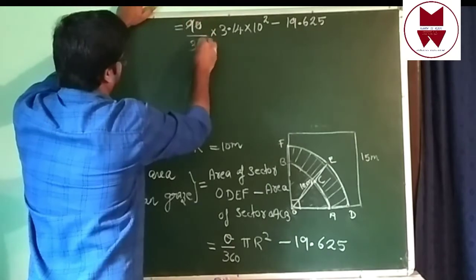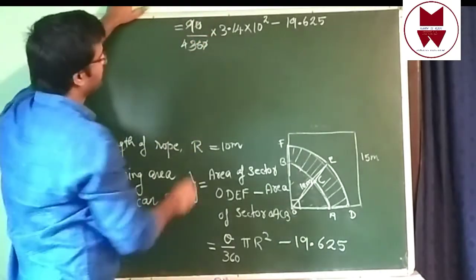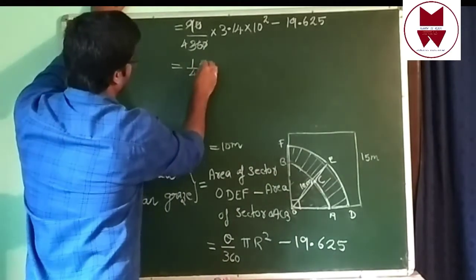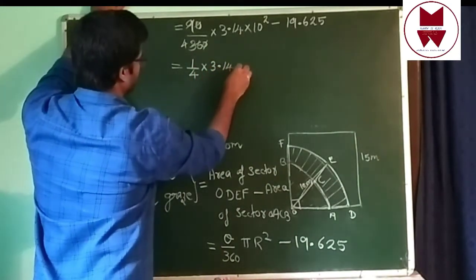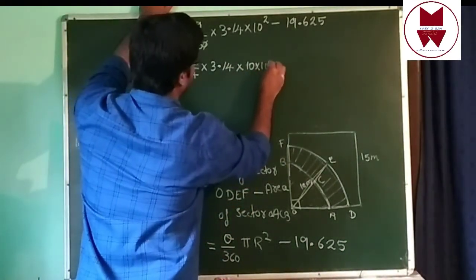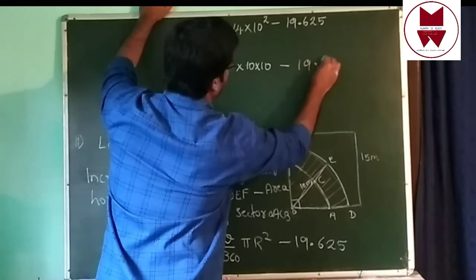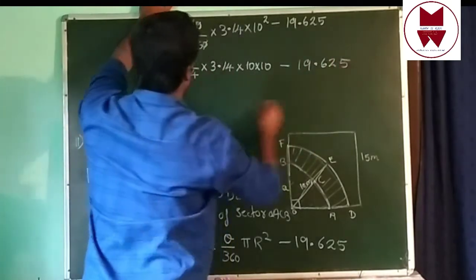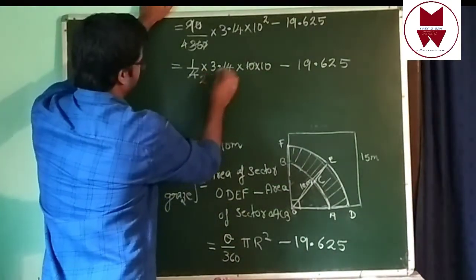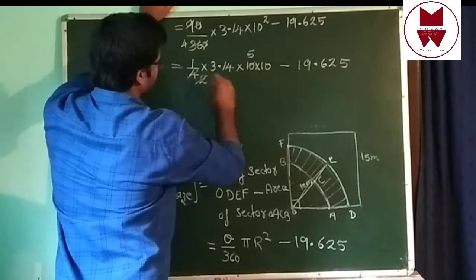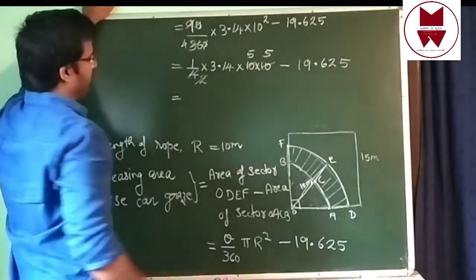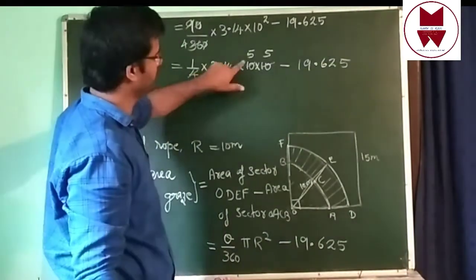0 and 0 cancel, 9 and 36 cancel 4 times. Then you can write 1 by 4 into 3.14 into 10 square. 10 square means 10 into 10, minus 19.625. This 4 and 10 cancel, dividing by 2, 2 times here, 5 times. Again 2 and 10 cancel, 5. Now remaining 3.14 into 5 into 5.